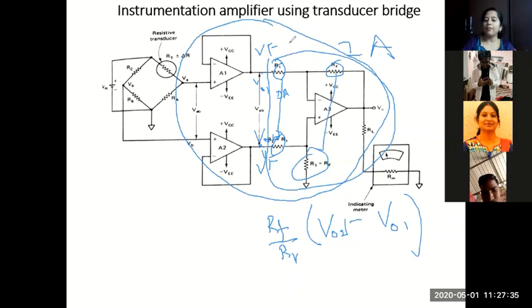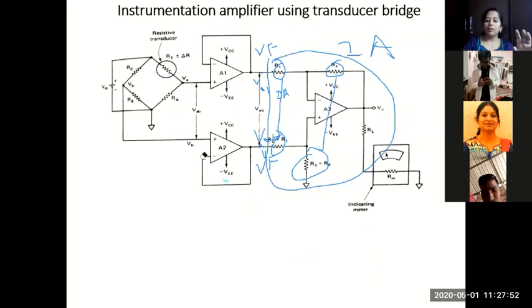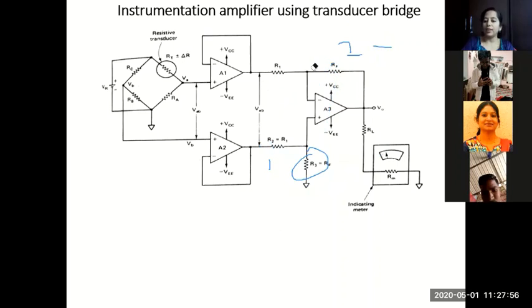Output will be RF by R1 into VO2 minus VO1. We have seen all this. So please understand here, we are working the instrumentation amplifier using two voltage followers and one difference amplifier stage.